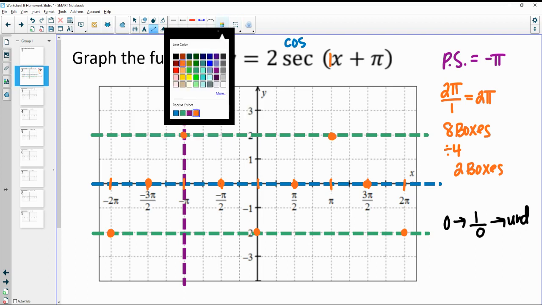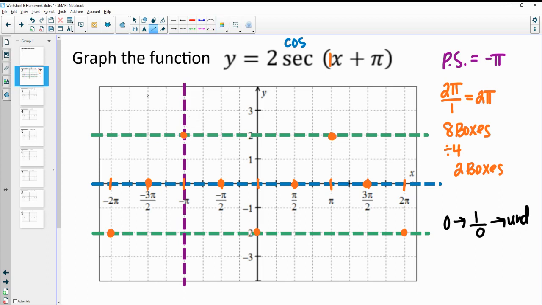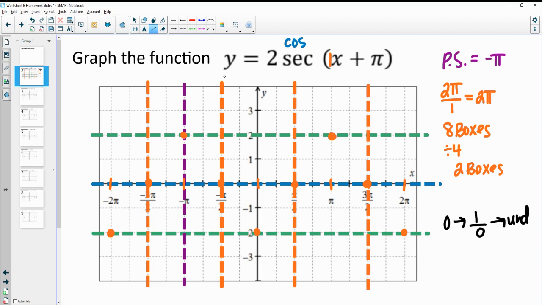So we're going to put asymptotes at every middle line. So every middle point, there's going to be an asymptote. Now don't get that confused with this phase shift line. But everywhere you see these zeros, those are going to be asymptotes for the secant function. And I'm just going to lighten this up so that we don't get confused by it. So that was just our phase shift line.